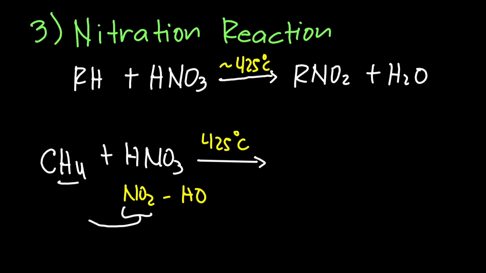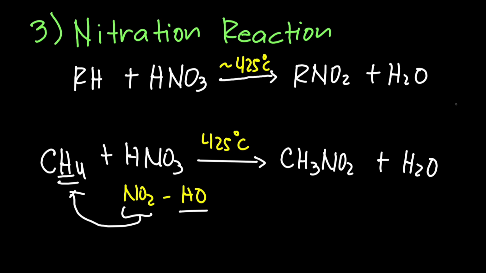So NO2 would replace 1 hydrogen there, which corresponds to CH3, because 4 minus 1 would be 3, and the added NO2 plus the replaced H here would react with HO, which corresponds to H2O.